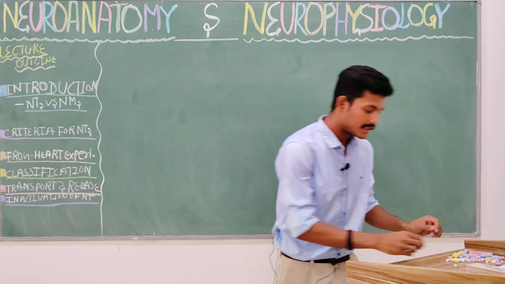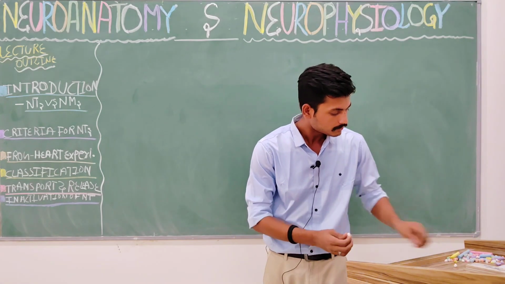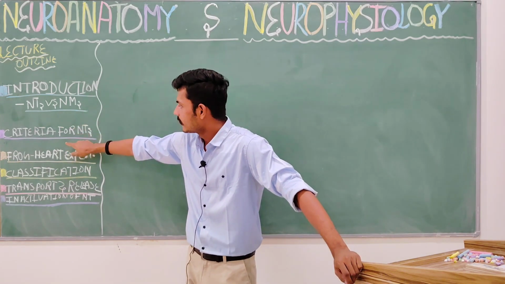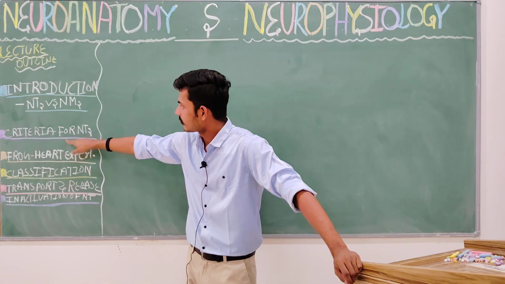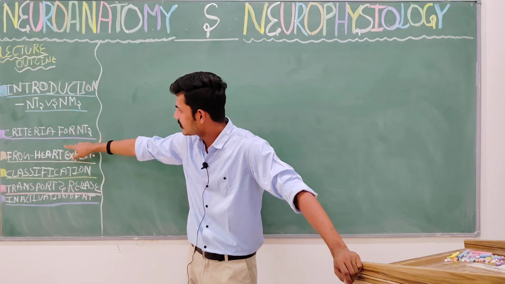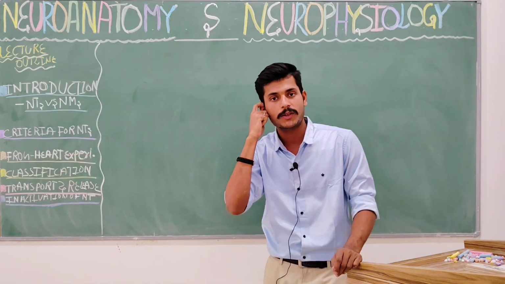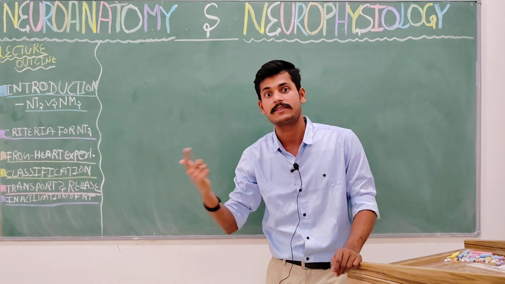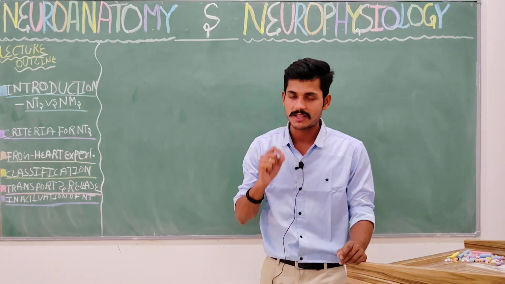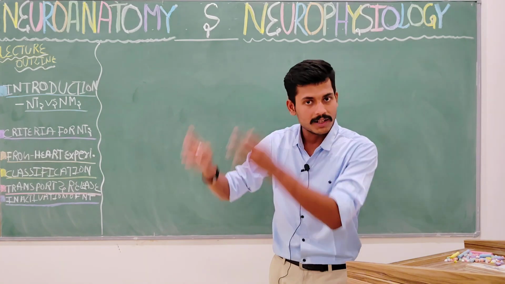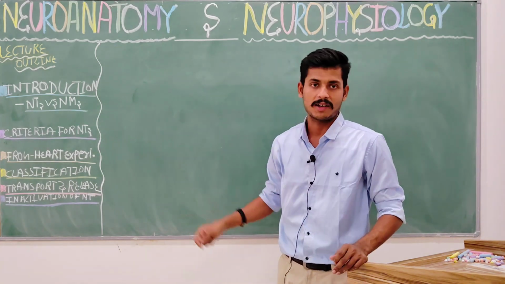So now let's first study the neuromodulator and the neurotransmitter. After describing this, we will see the criteria: not every chemical present in the central nervous system is referred to as a neurotransmitter. There must be some criteria, and if chemicals fulfil those criteria, we will list them under neurotransmitters.